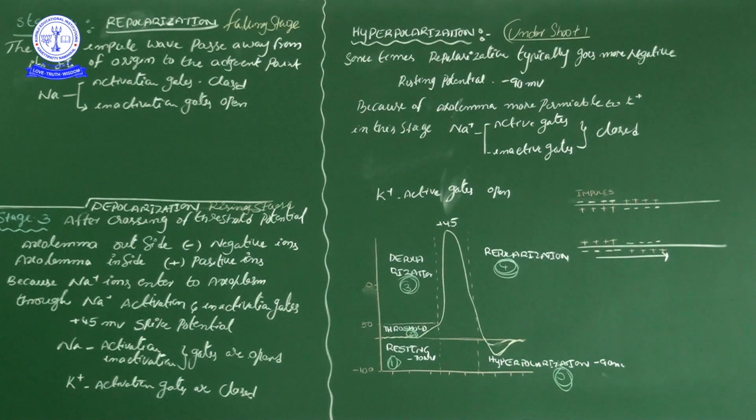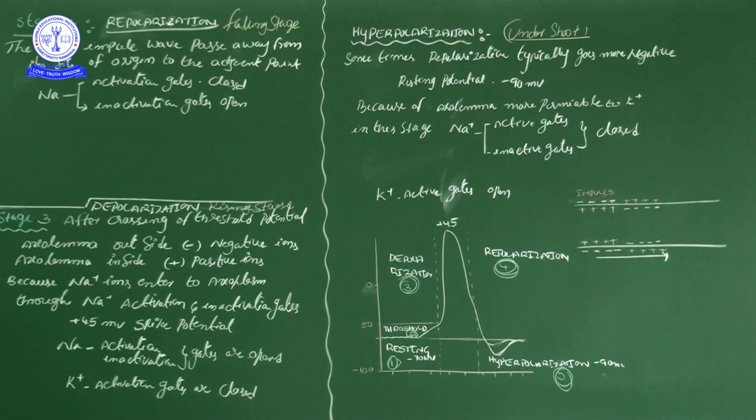Below the threshold stage it will not give any stimulations. Okay, so this is the thing. See here, at hyperpolarization time, repolarization typically goes more negative. Basically, the polarized stage is negative, minus 70 only, right?